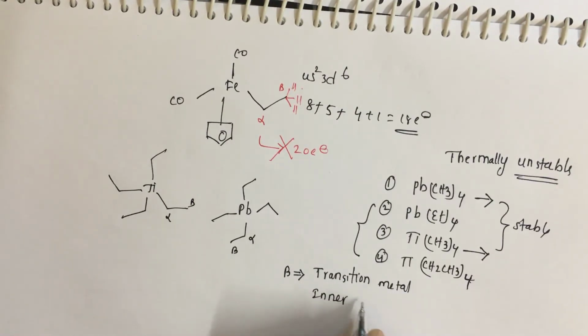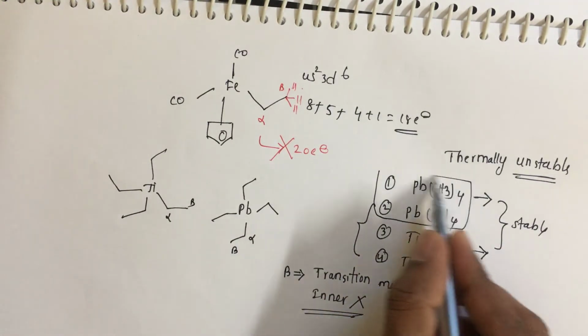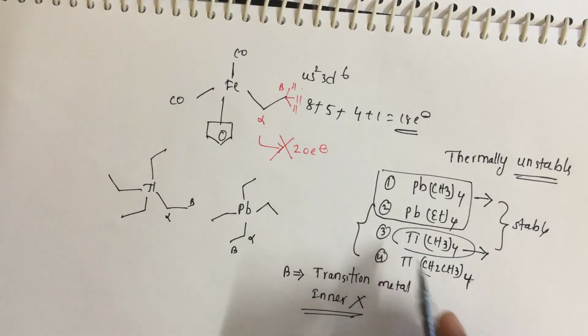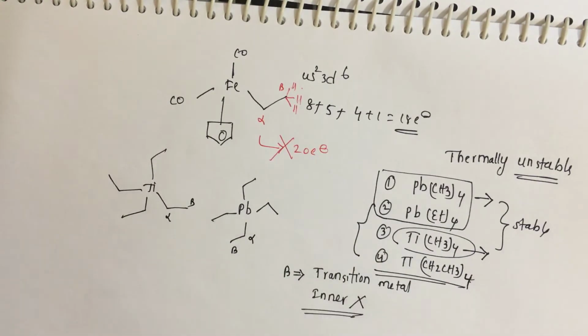If it is an inner transition element, we cannot expect any beta hydride elimination. So these two are stable because beta hydride elimination is not possible, and this is also stable, and the least stability will be this.